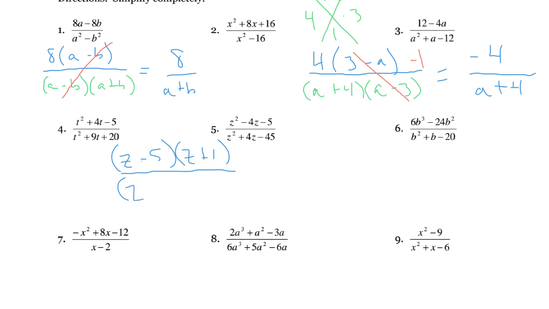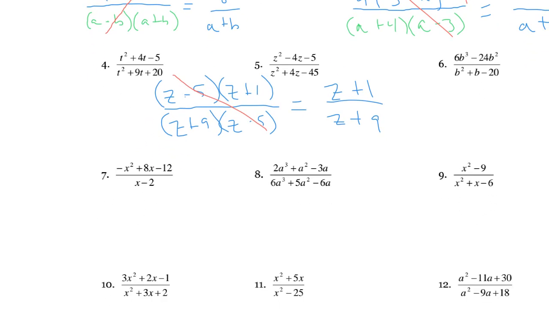That factors as z plus 9 times z minus 5. So now that we've factored the 2-step factoring, you can practice that in previous units, or the notes there. But the z minus 5s will match and cancel. The z plus 1 and the z plus 9 do not match. So our final answer is z plus 1 over z plus 9.